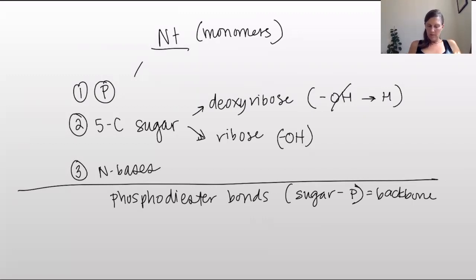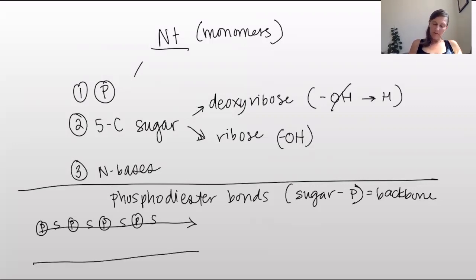So we could have phosphate, sugar, phosphate, sugar, phosphate, sugar, phosphate, sugar, etc. And if they came together, for example, in the form of DNA, the nitrogenous bases would come together through hydrogen bonds.